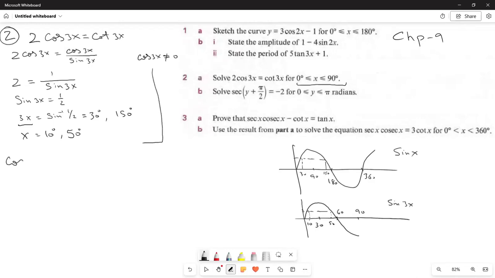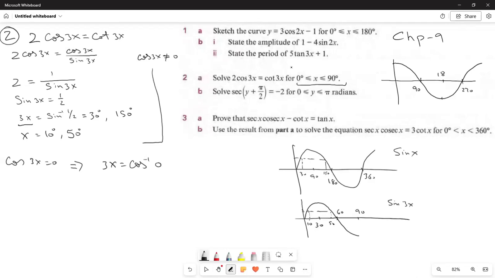What if cos 3x is 0? If cos 3x is 0, it means that 3x is equal to cos inverse 0, right? Now, cos function, let me sketch it here quickly. Cos function goes like this, right? So this is 90, this is 180, and this is 270.